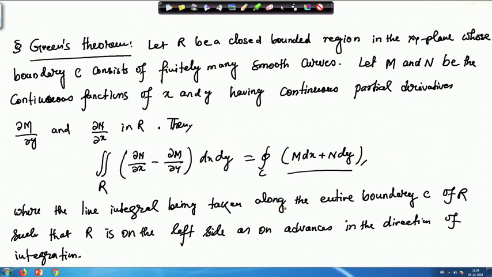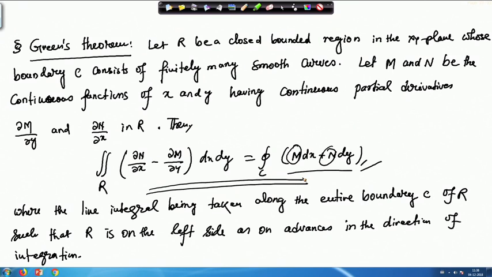So, that means you always walk in the anti-clockwise direction, and all you need is that M and N should have continuous partial derivatives of order 1, and then this identity would hold.